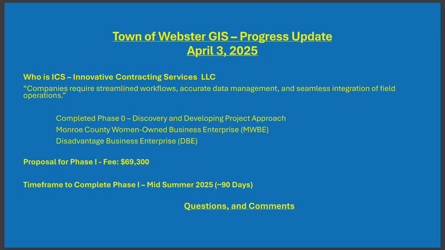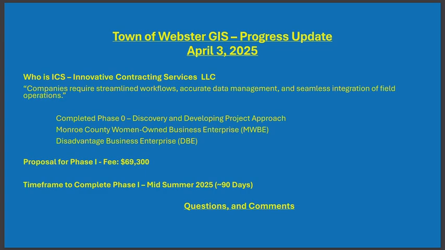And they have a background where what kind of intrigued us about them is they do a lot of utility work. So a lot of it's documentation for utilities. So Avangrid is one of their big customers, and they've had to take, it sounds like, a monumental amount of information and do exactly what we're looking for them to do for us here in the town of Webster.